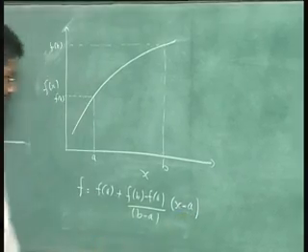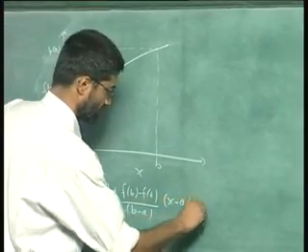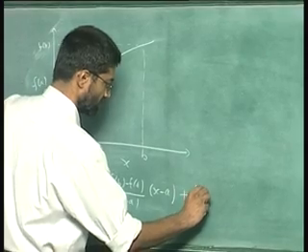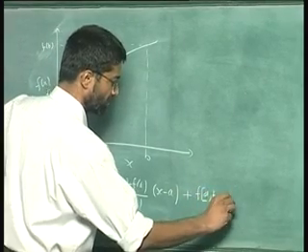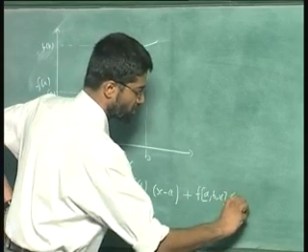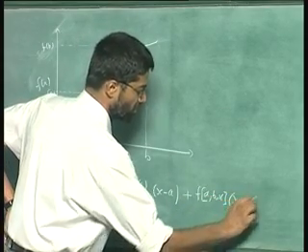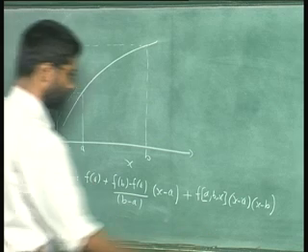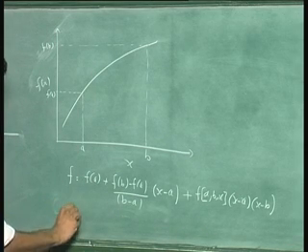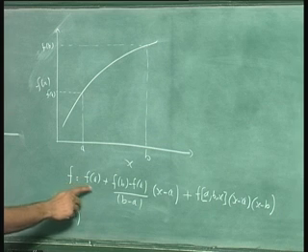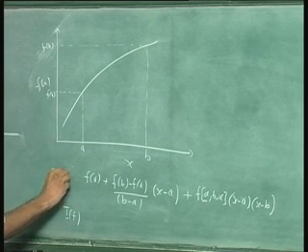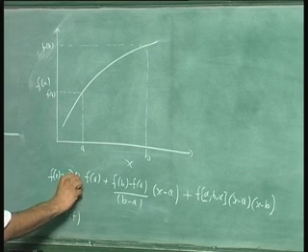Then we have this error term, f[a, b, x] as a coefficient, times (x minus a) into (x minus b). So that's a polynomial. Now this is an approximation, so I should actually write f of x approximated by p1 of x equal to that.